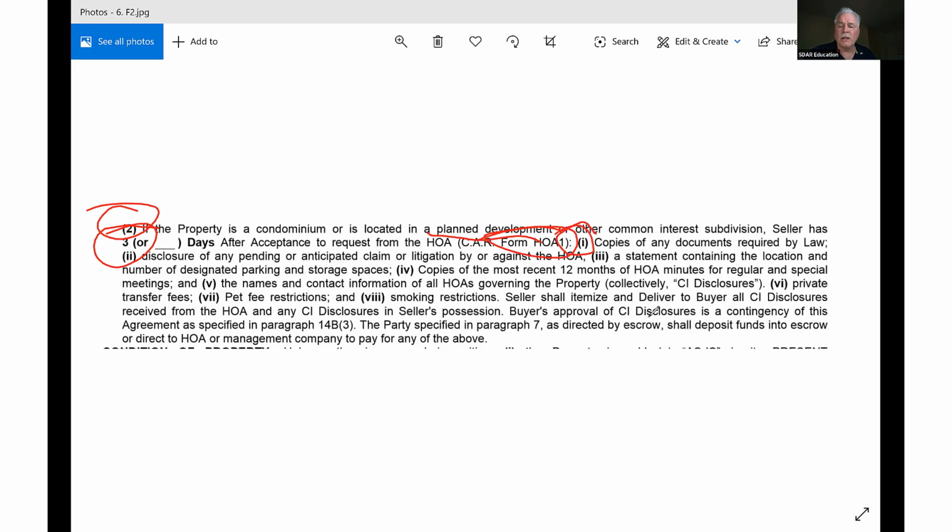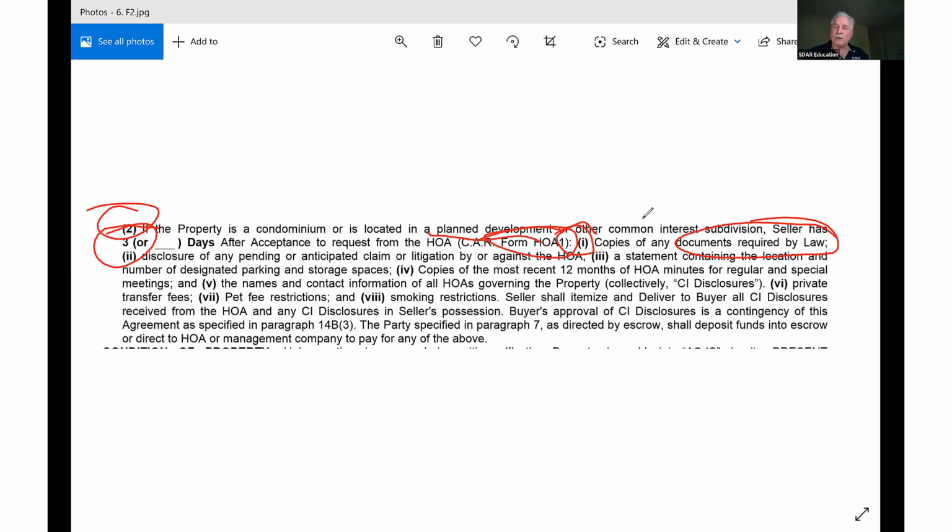Number 2, copies of documents required by law. So that's going to be Civil Code 4525, right? So a lot of times these HOAs create this great big, it isn't the HOA, it's the property management company, creates these big packages of stuff that include not only stuff that was required by Civil Code 4525, but also other stuff. And then you get this bill for like $800 when it should have been just $200, but they threw all this other stuff in there.